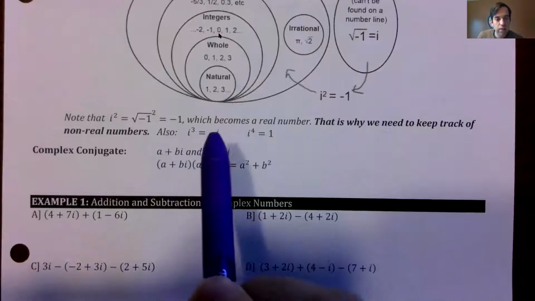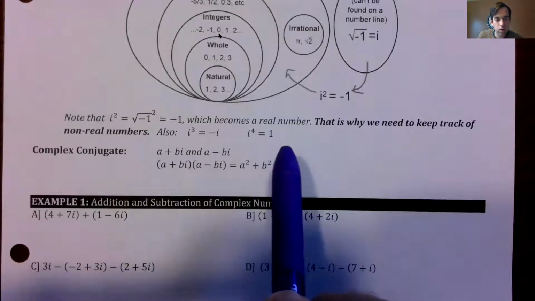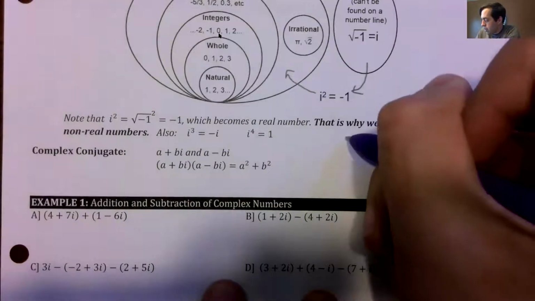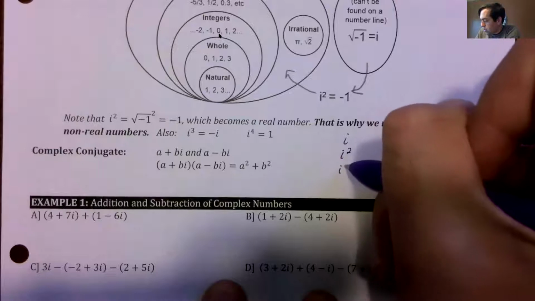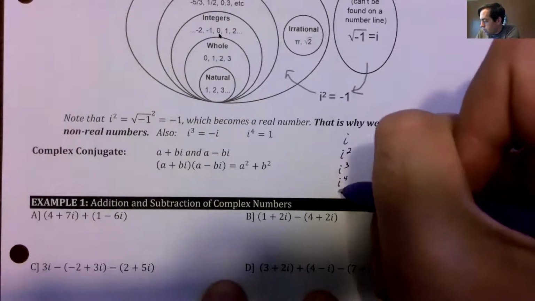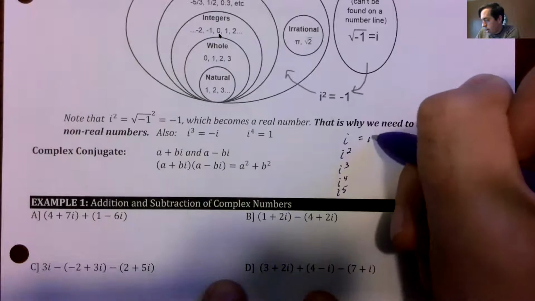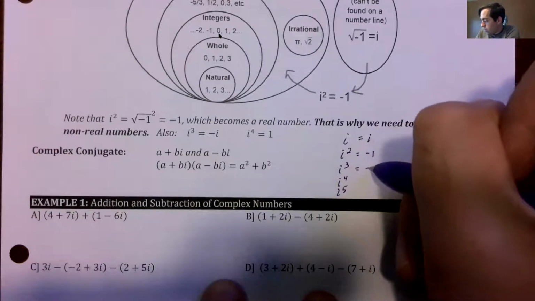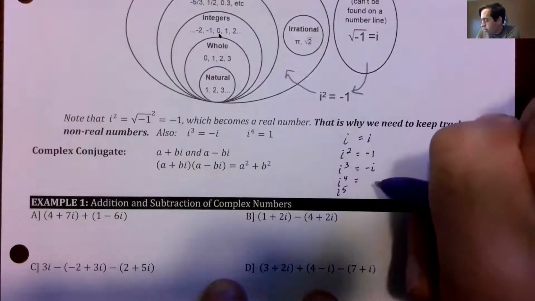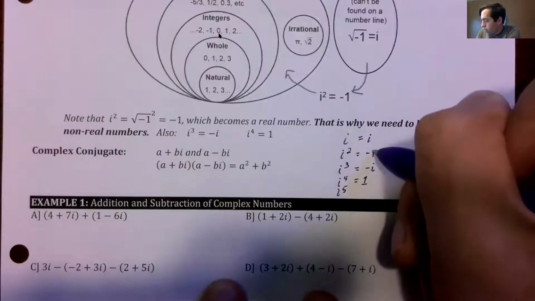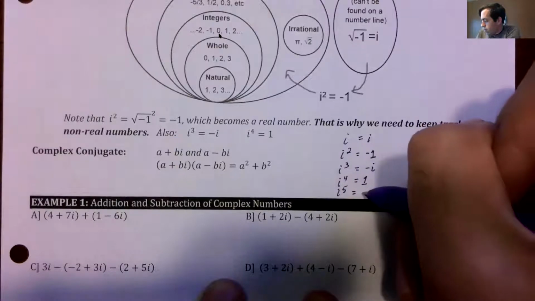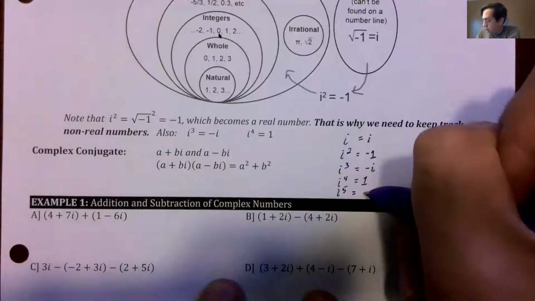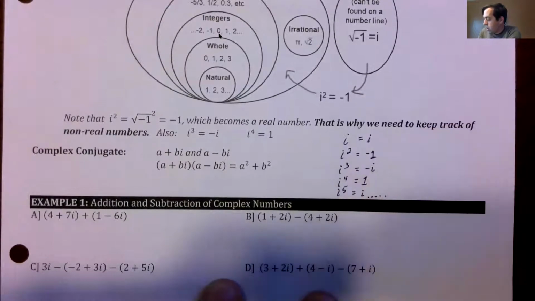Also, i cubed equals negative i, and i to the 4th equals 1. And then the cycle repeats. If we wanted to write that down, think about it like this. i squared is negative 1, i cubed is negative i, i to the 4th is 1. i to the 5th is like i to the 4th times i, so we get 1 times i, or i, and then the cycle repeats.